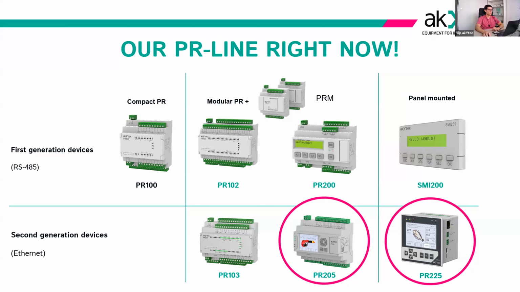Then we have modular PRs here in the middle, PR102 and the new PR205. These can connect to the PRM modules, allowing you to extend the system more flexibly. And then on the right, we have panel-mounted PRs, and these are the SME 200 and the new PR225, which can be mounted on the panels.